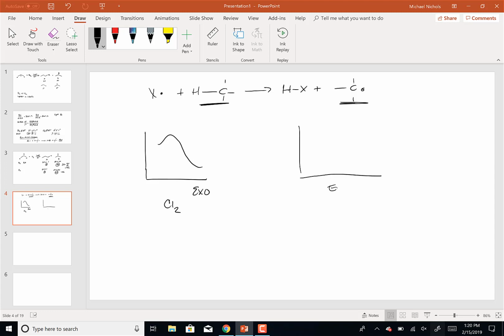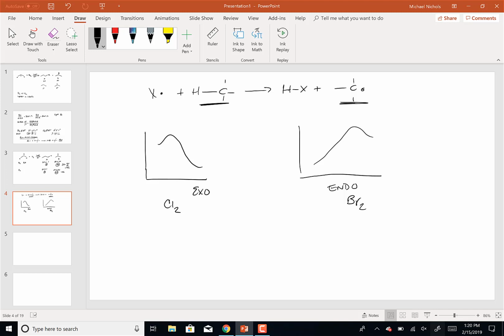And for bromination, because this is the way it works in organic chemistry, it's endothermic, right? It's always one. If we have one, then we have the opposite for the other. So chlorination step is exothermic, bromination step is endothermic. And that's actually what's going to tell us the difference.